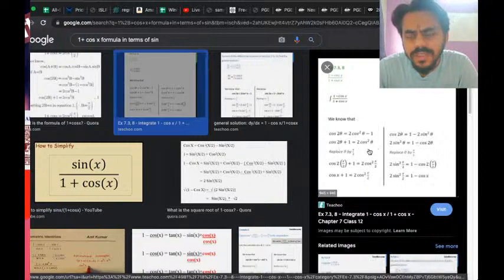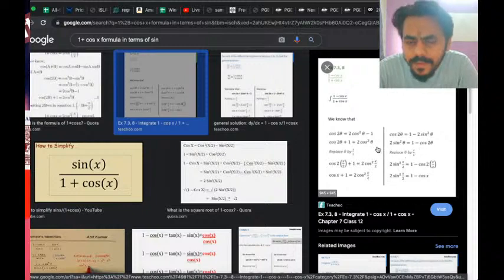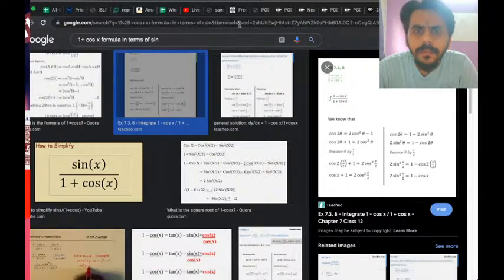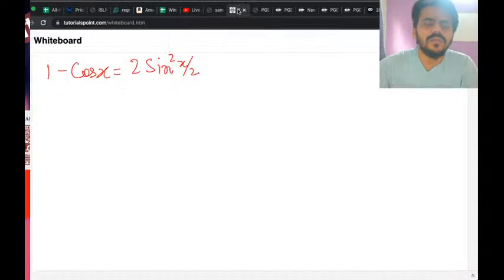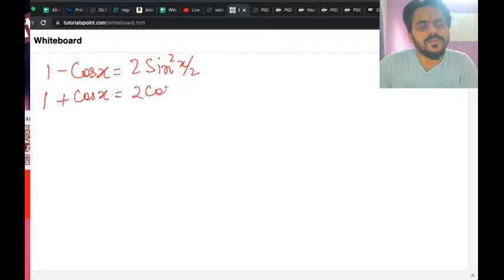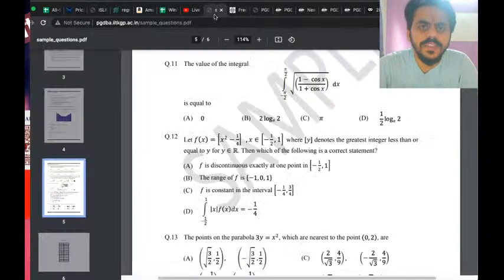1 plus cos x is 2 cos square theta by 2. Yeah, 2 cos square theta by 2. Okay, so what is the integration which we have to do?